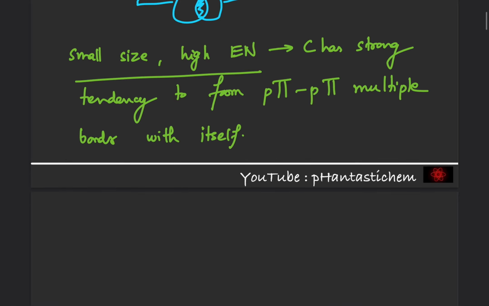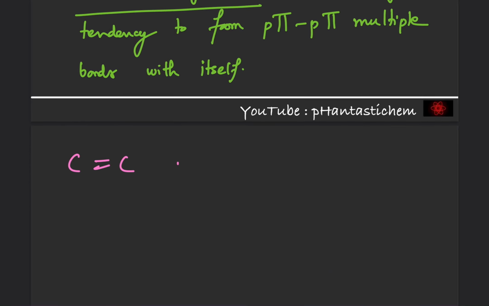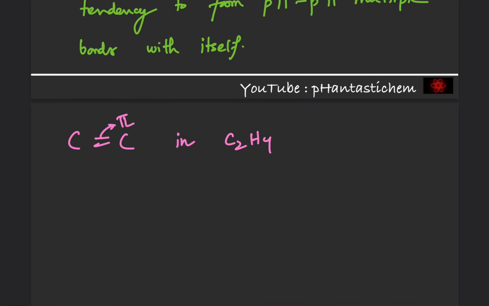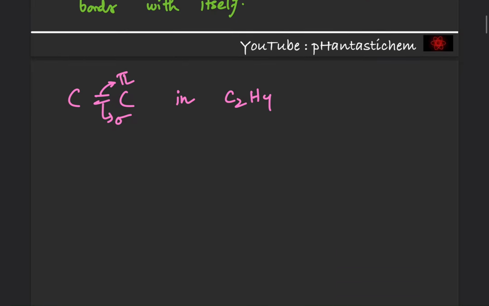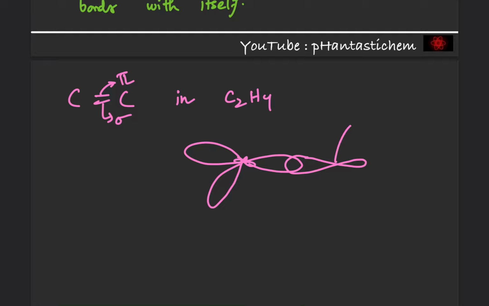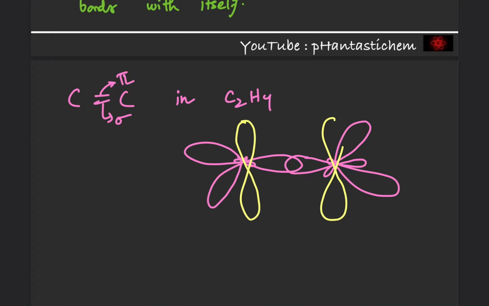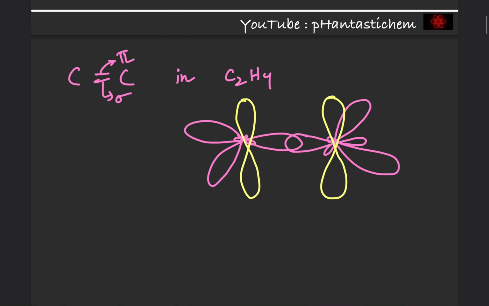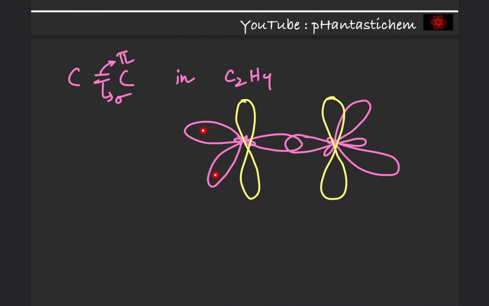Okay. For example, C double bond C in C2H4 ethene. One of the bonds is pi, the other bond is sigma. With respect to the diagram, ethene looks something like this. So this is the sp2 hybrid orbital, this is the sp2 hybrid orbital, this is also sp2, sp2, sp2 and sp2.